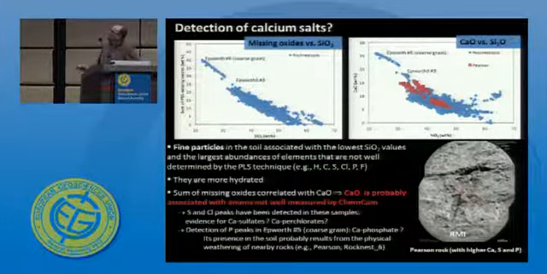We see this kind of anti-correlation between silicon content and missing component, which can also be seen here with this anti-correlation between silicon and calcium.